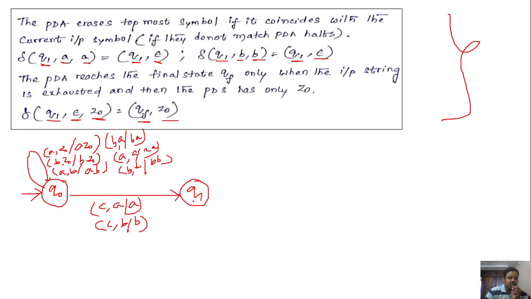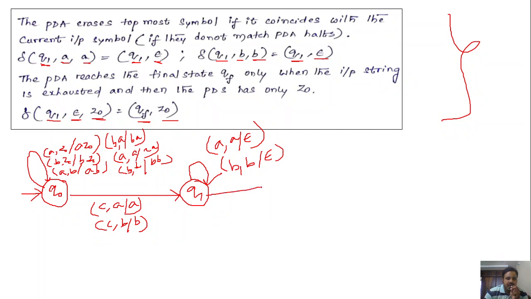Okay. In Q1 the moment when we get Q1 means we have seen C, and for the next occurrence of input either A or B, we are going to compare and perform the pop operation, right? So if the input is A and top of the stack is A, then we are pushing epsilon. That means simply pop operation. The input is B, top of the stack is B, and then we have to perform epsilon.